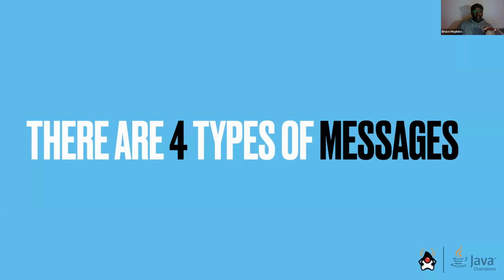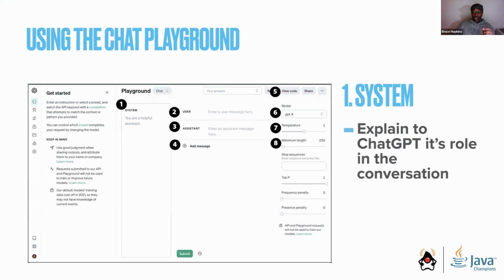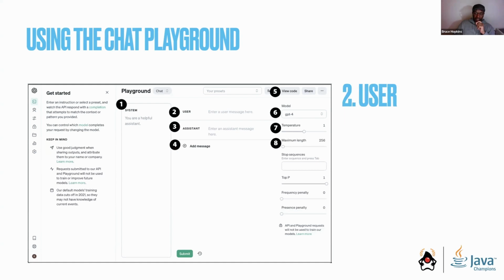So I must state, however, that there are four types of messages. The first one is called the system message. And the purpose of it is that you explain to ChatGPT its role in the conversation. You can only do this once, okay?